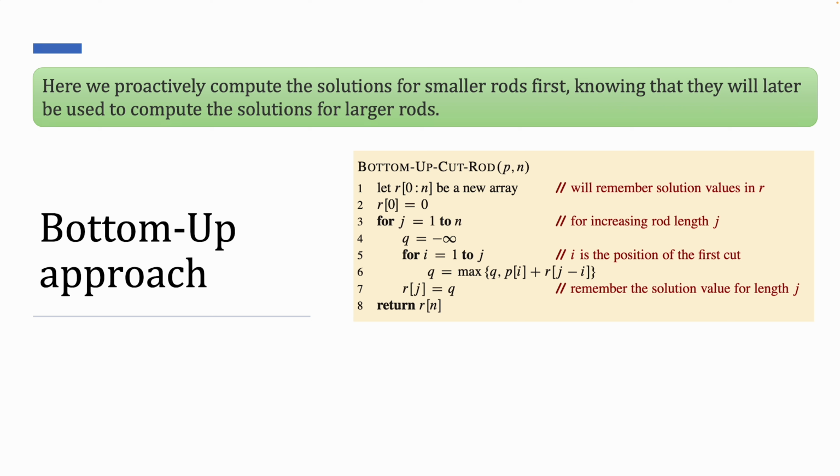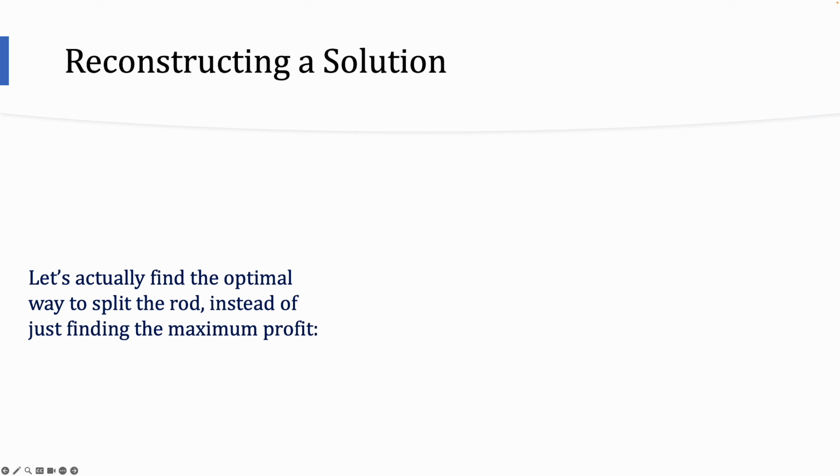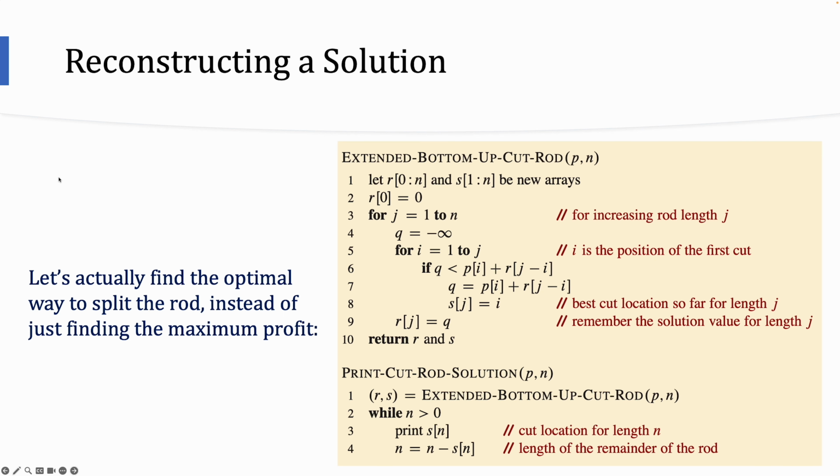And now, if we put this together, we need to do one little thing. If we want to actually find the optimal way to split the rod, instead of just finding the maximum profit, we can create another array S, and let S[j] be equal to i.